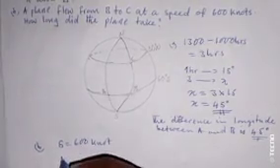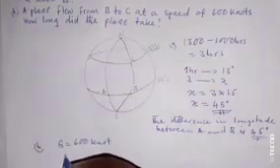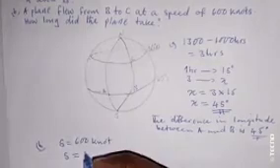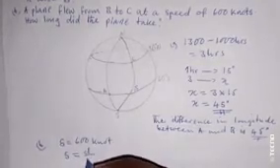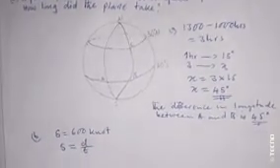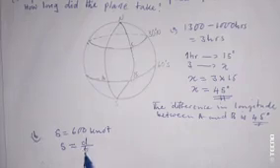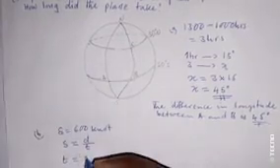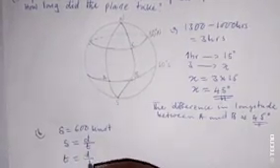The formula we are going to use here: speed is equal to distance over time taken, time in hours. We want to calculate time, so we make time t the subject of the formula. It will be t is equal to distance over speed.